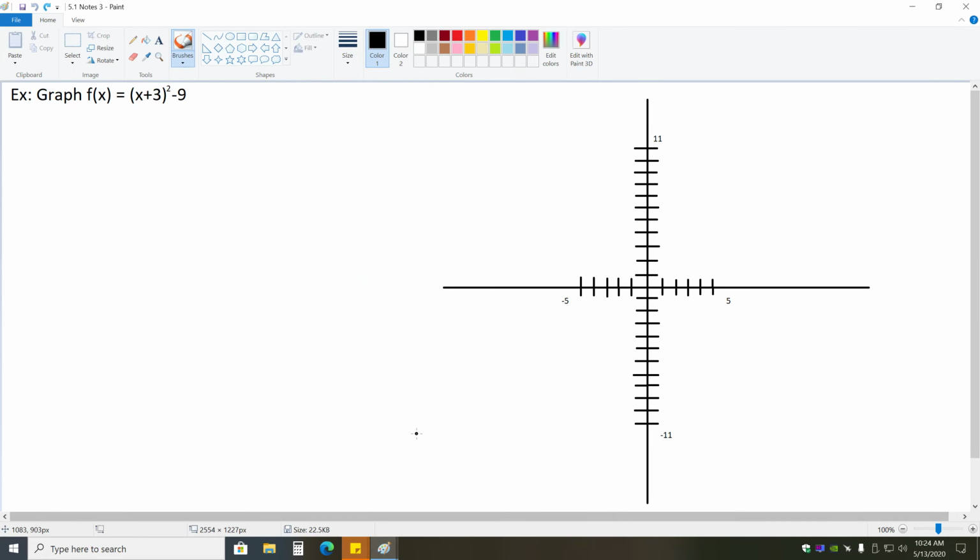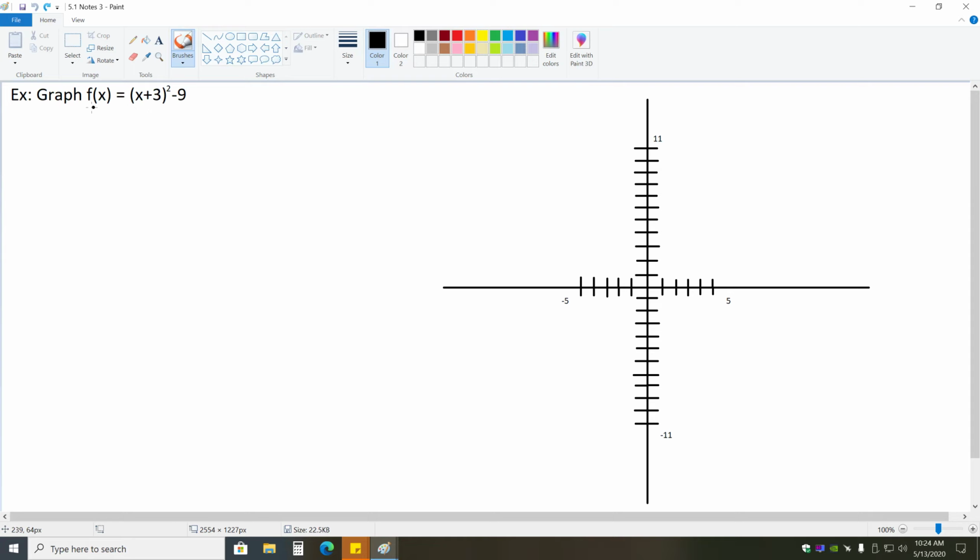So I'd like you to take a moment, pause the video, and see if you can graph f of x equals the quantity x plus 3 squared minus 9 using the same method. Okay, so trying this together, notice this is already in vertex form, so we don't have to worry about completing the square.